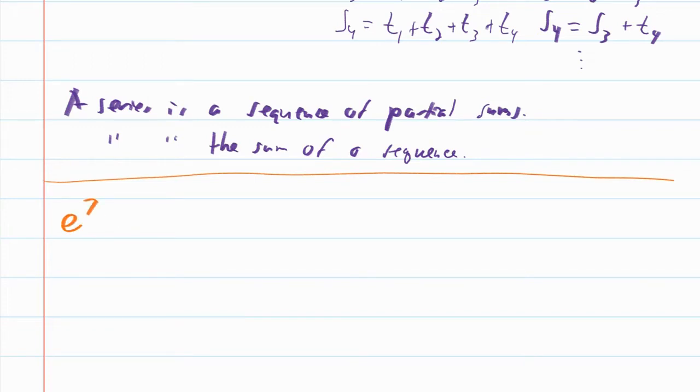I know that e to the 7 is approximately equal to 1 plus 7 plus 7 squared over 2 plus 7 cubed over 6 plus 7 to the 4th over 24 plus 7 to the 5th over 120. And that actually turns into an equality if I keep this pattern going on to infinity.